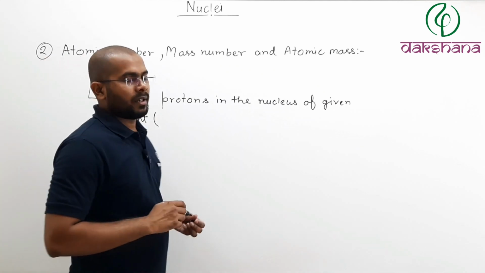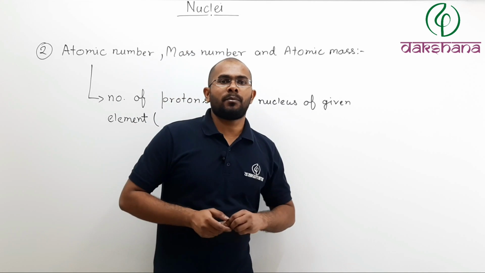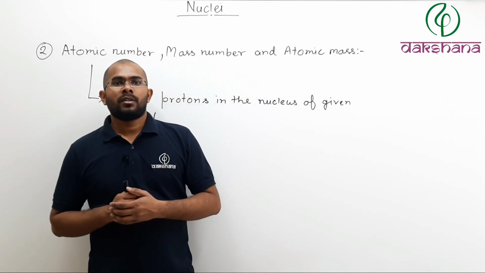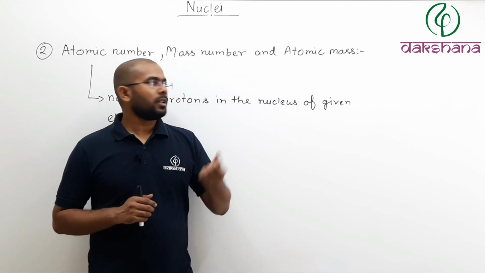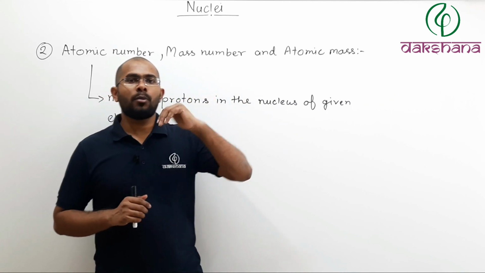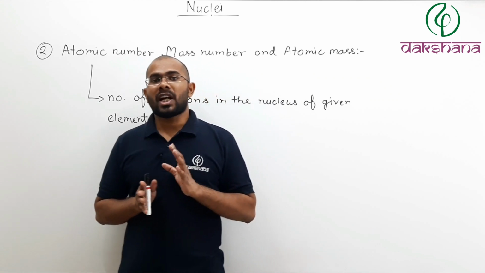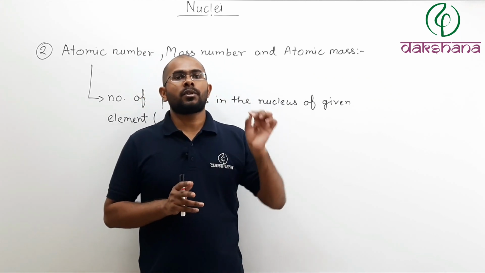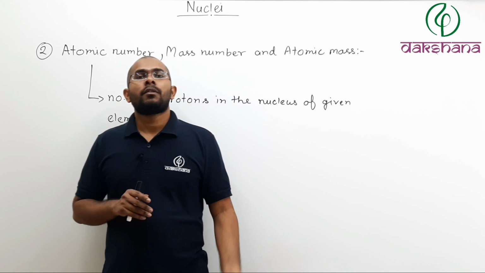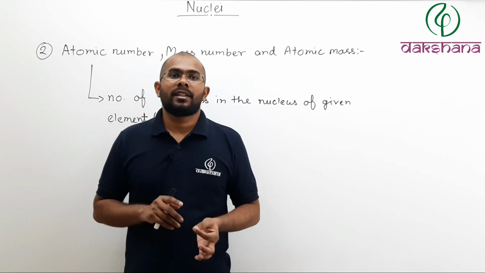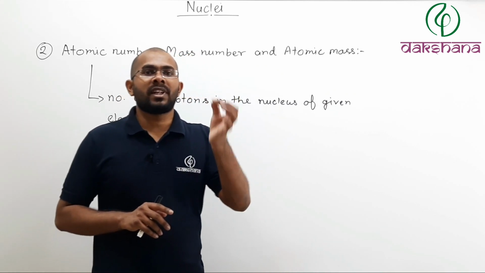For example, let's take carbon. How many protons are there in carbon? 6 protons. So for carbon, the number of protons will always be 6. So for a given element, the atomic number is fixed.